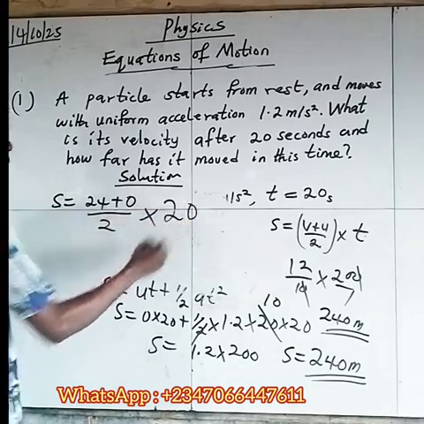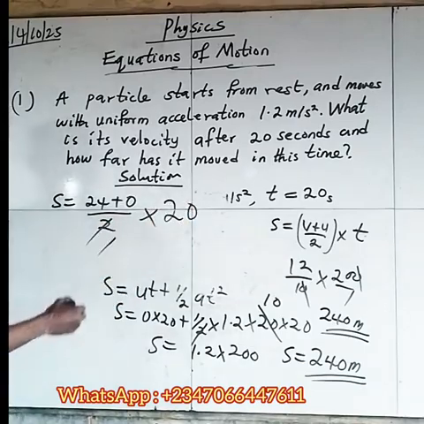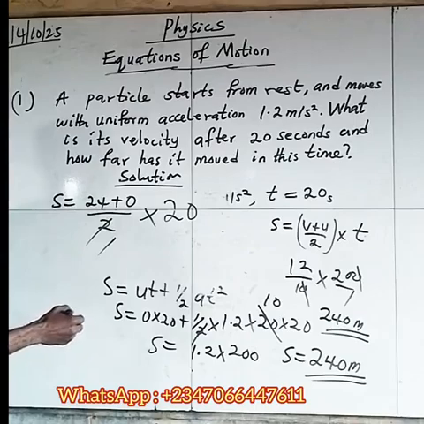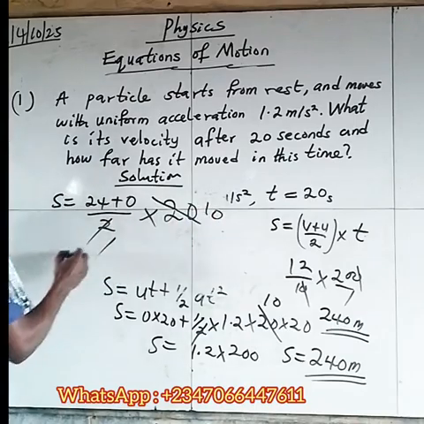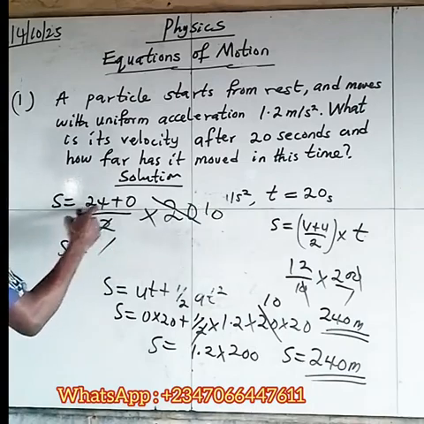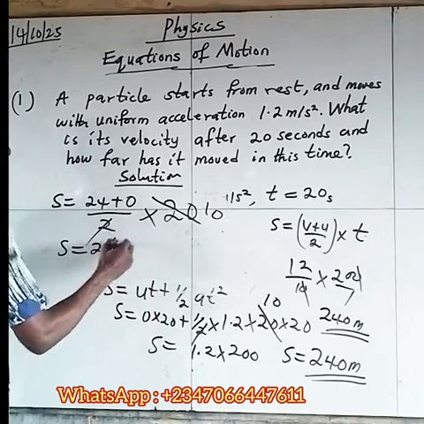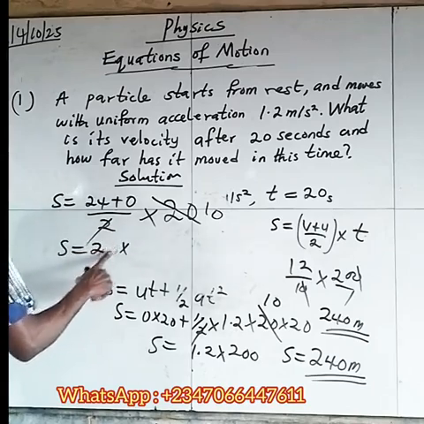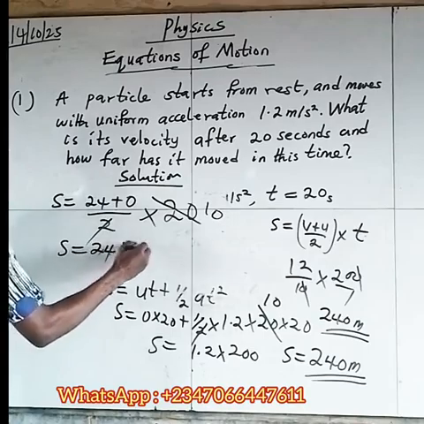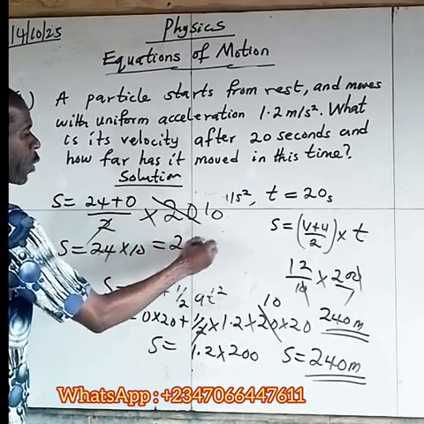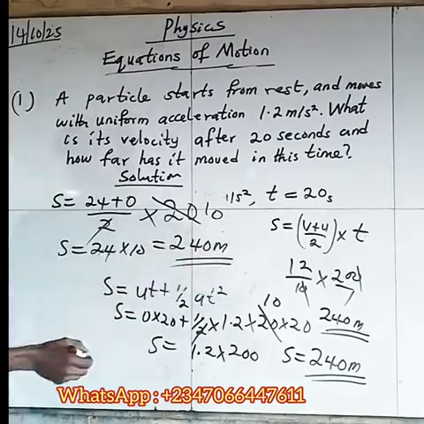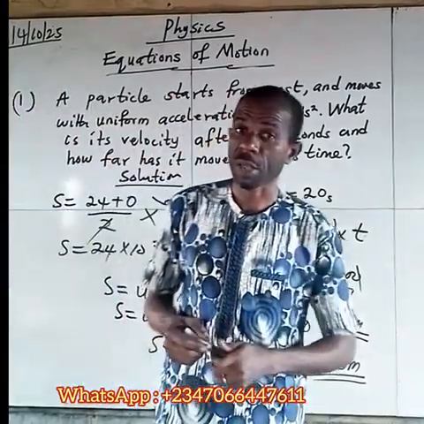Remember, we say average velocity times time. Time is 20, then 2 cancels 20 and gives you 10. So there we have 24 plus 0 is 24, then 24 times 10 will give us 240 meters. As you can see, we still have the same answer.